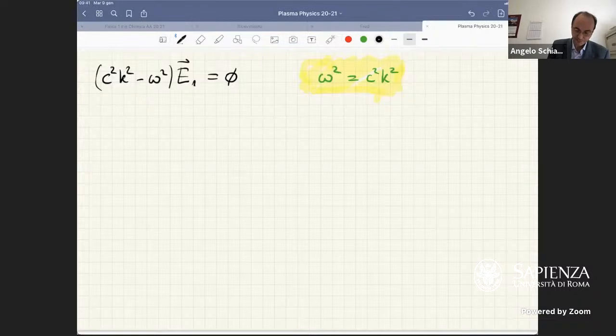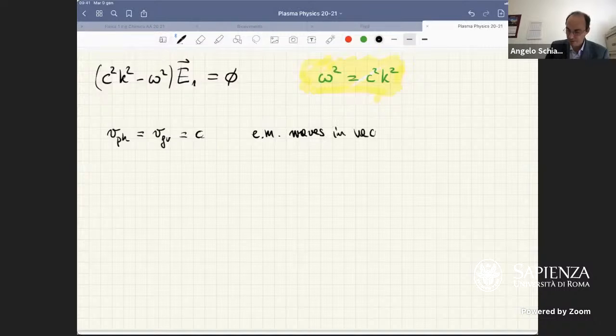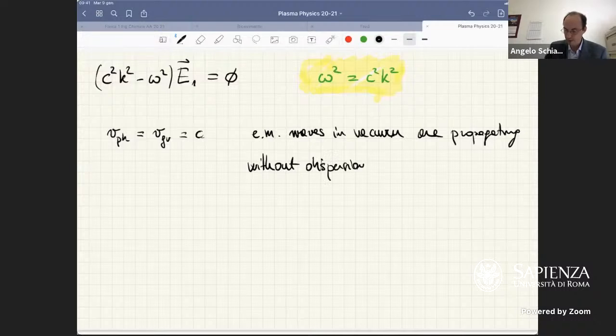We see that the phase velocity equals the group velocity equals c. So electromagnetic waves in vacuum are propagating without dispersion at a constant speed, at the speed of light.